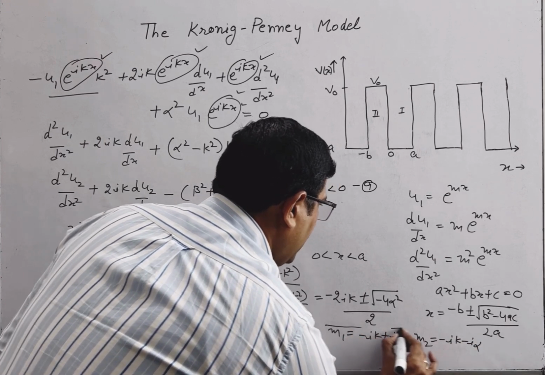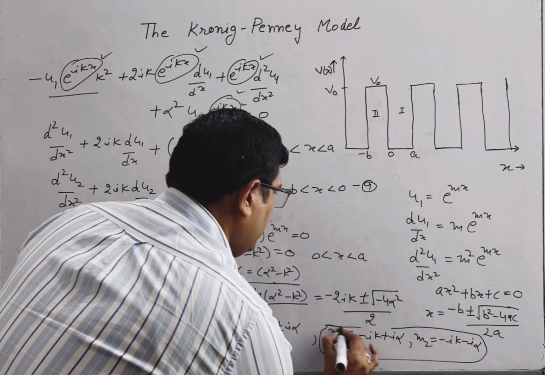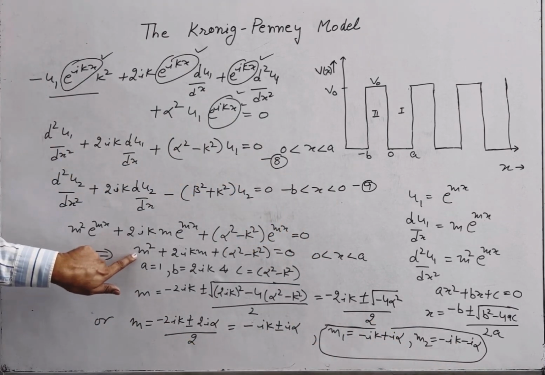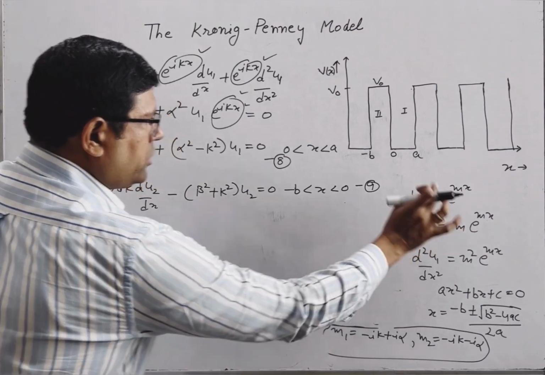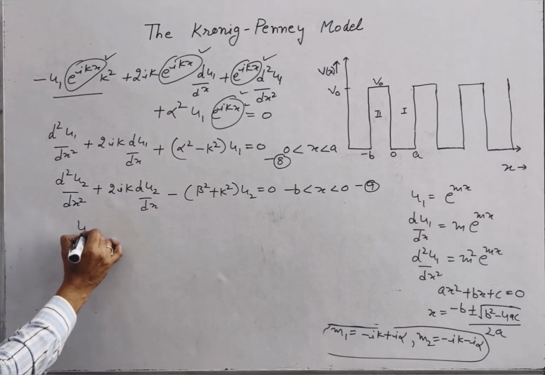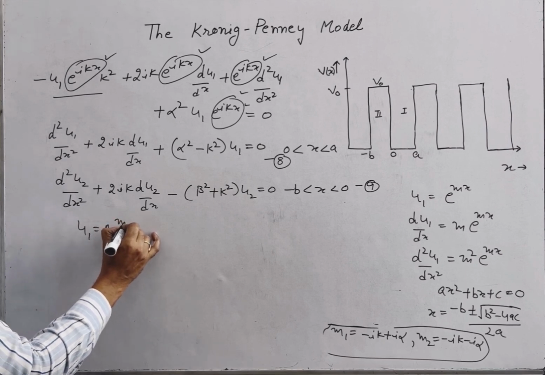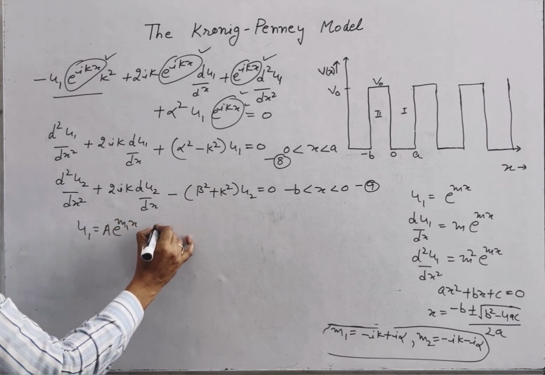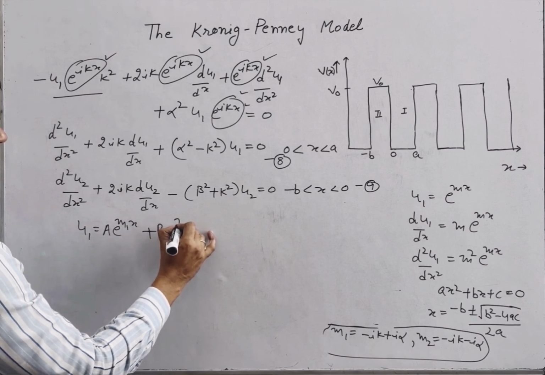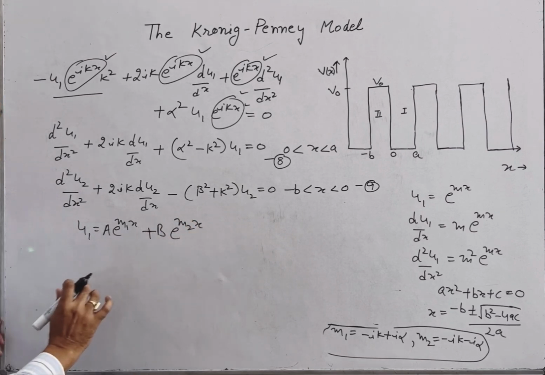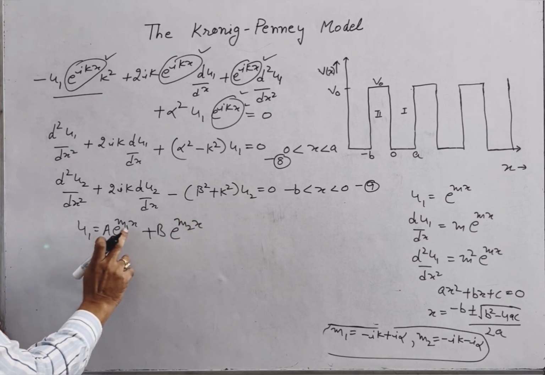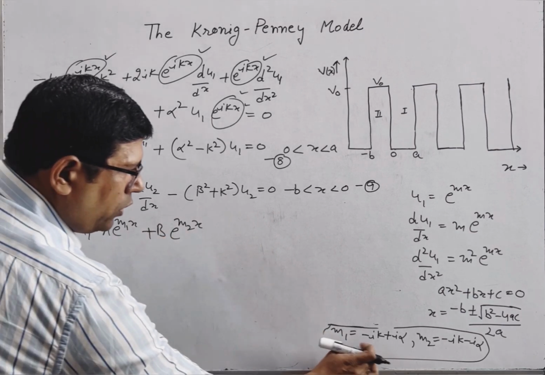These are the two roots of this quadratic equation. Then the general solution u1 will become u1 equal to a into e raised to power m1x plus b into e raised to power m2x. So we will put the values of m1 and m2 from here.